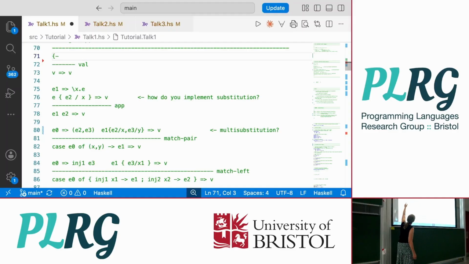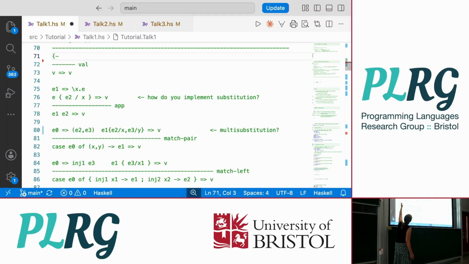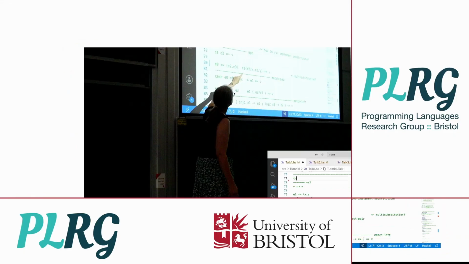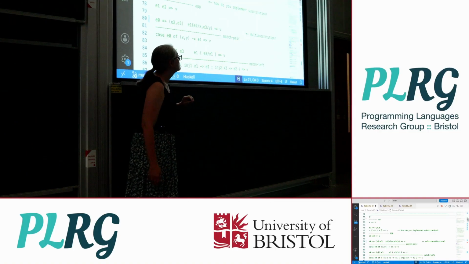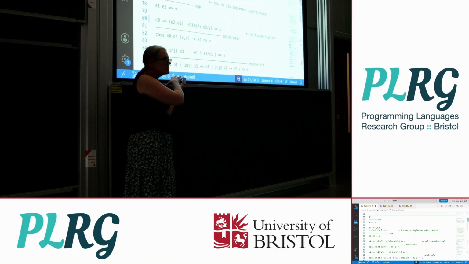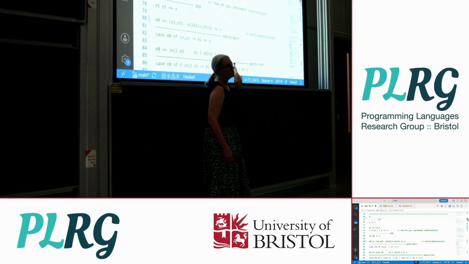For example, this is a big step substitution-based operational semantics for this language. If you have an application and E1 is a function, then we can take the body of the function, plug in E2 for x, and evaluate to v. That's the result of our application. If we implement an interpreter that is these rules, we have to implement capture avoiding substitution.